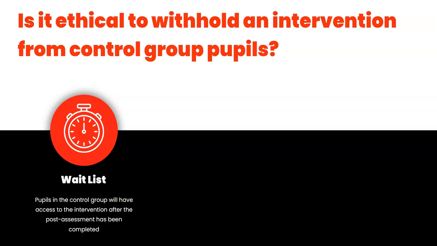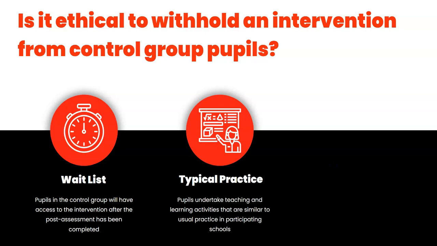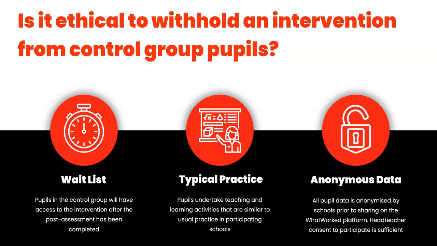So we use a waitlist design, and the interventions that we have on our platform are typical practice. So pupils undertake similar teaching and learning activities anyway in usual practice in schools. And then all the data that goes onto our platform is anonymized so that we have no pupil data that comes on here. So head teacher consent is sufficient.